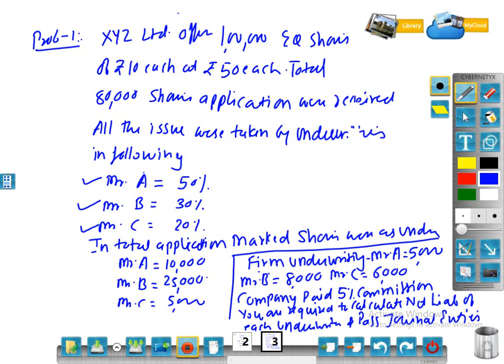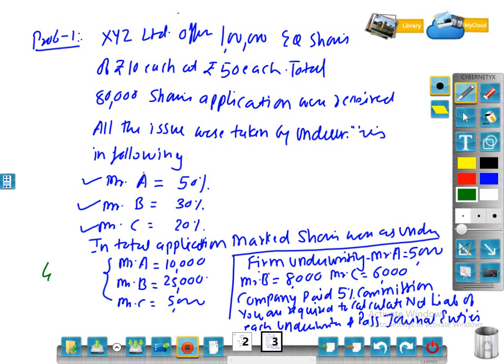In total, the marked applications were as under. Total applications 80,000. Under that, Mr. A's marked applications are 10,000, Mr. B's are 25,000, and Mr. C's are 5,000. So 10,000, 25,000 and 5,000 total 40,000.